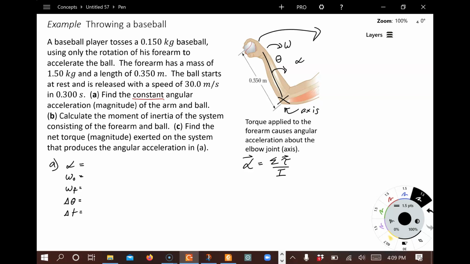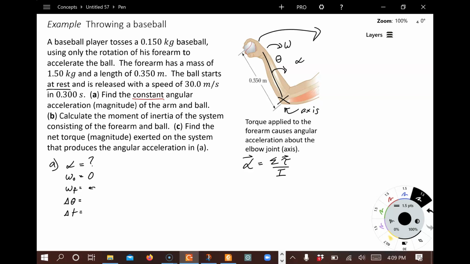We're trying to figure out what the angular acceleration is. Let's see what else we know. Well, the ball is thrown and starts from rest, so that means that the initial rotation is 0. And it's released with a speed of 30 meters per second.